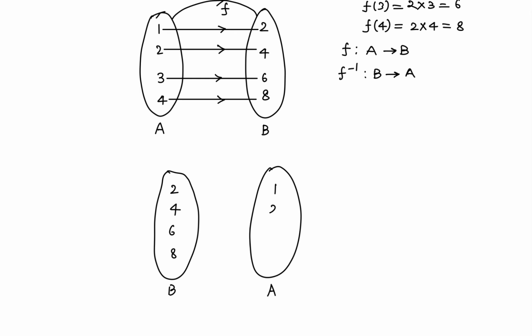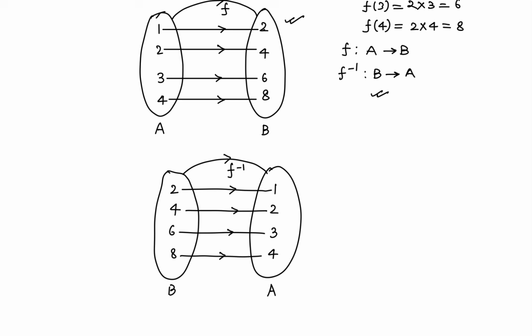A has elements 1, 2, 3, 4, and this is f inverse. So in mapping of function f, 1 maps with 2. So in the inverse of this function, 2 maps with element 1. Similarly, 4 will map to 2, 6 will map to 3, and 8 will map to 4. So this is all about inverse of a function.